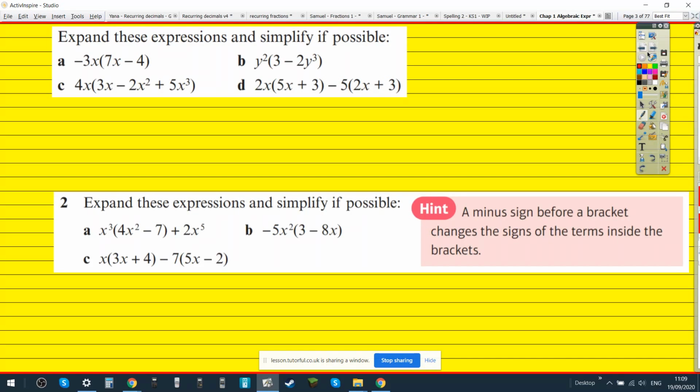So, expanding brackets. What's question A up the top? I really don't know how to expand brackets that well. Okay, so it is the outside times the first, and the outside times the second. So you'd start with minus 3x times 7x.